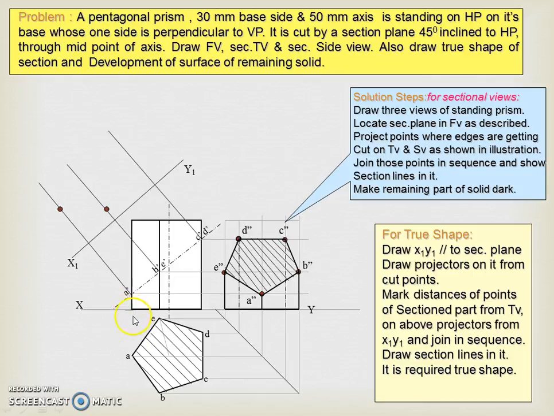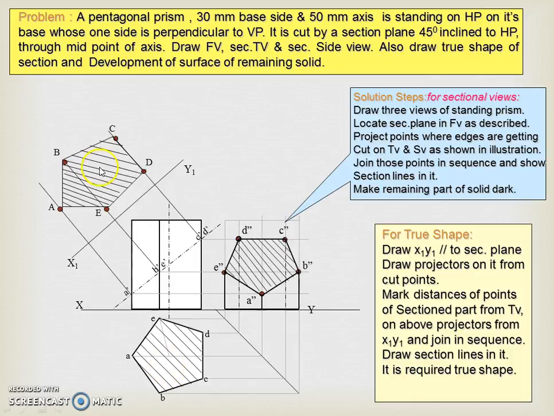So from XY to A is marked here, XY to E is marked here. Similarly, XY to B, XY to D, and XY to C are marked here. Then we join all of them, and that is the true shape of the section.